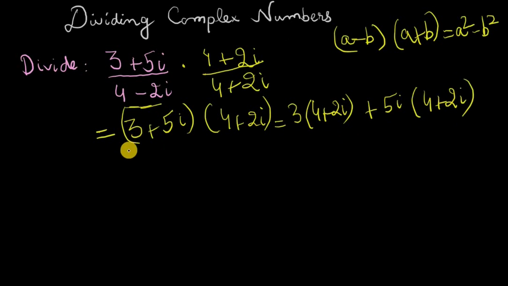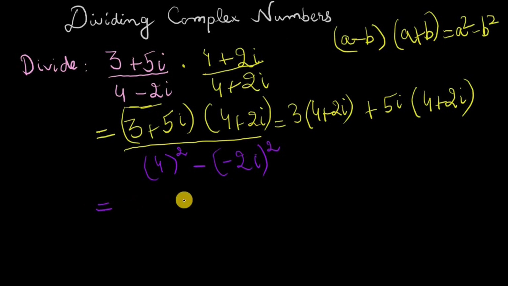And in the denominator, I'm going to have something in the form a squared minus b squared. Our a here is 4 squared minus, our b here is a negative 2i. So I'm going to square that as well. And what's that going to be?